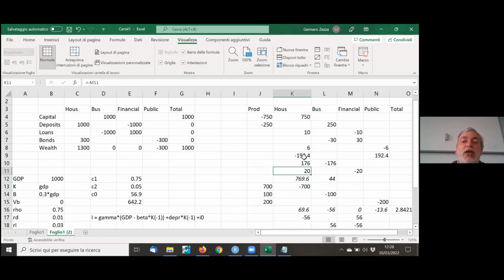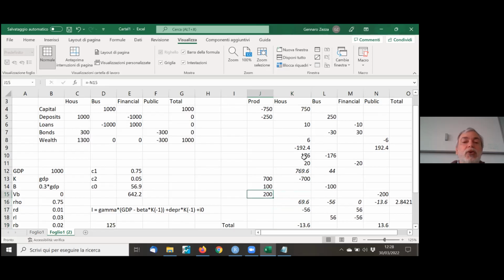Now this has changed the value of disposable income. So now consumption given by C1 and C2 is 642. So here this needs to be 700 less 642 times 2, and it should be okay.